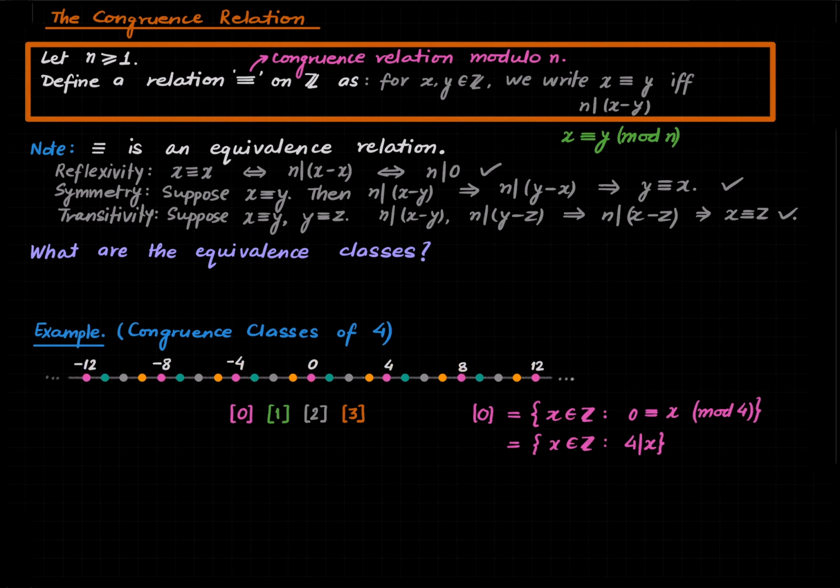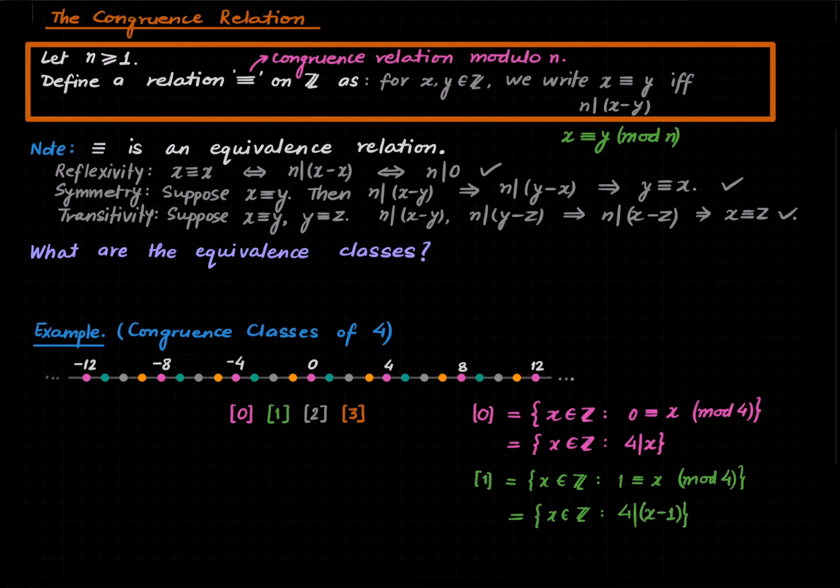What is the equivalence class of 1? The equivalence class of 1 is those integers which are congruent to 1 modulo 4, which is same as saying 4 should divide x minus 1.